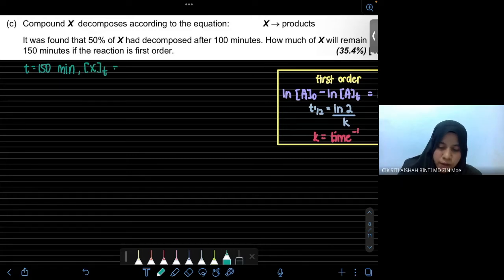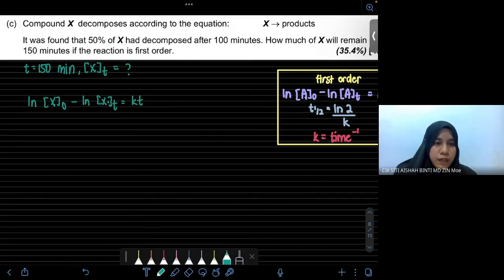If we use the formula straight away, here A is because when I introduced it, my reactant is A. But if the question gives you the equation, we take from the equation. ln X naught minus ln X t equals kt. This is the one that we have to find out. T is 150, and X is our unknown. What is X naught?